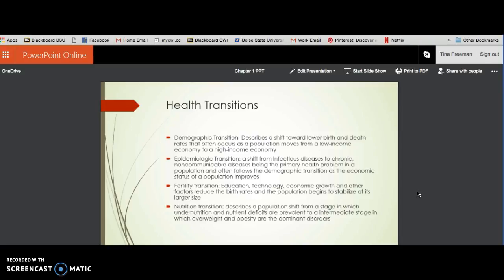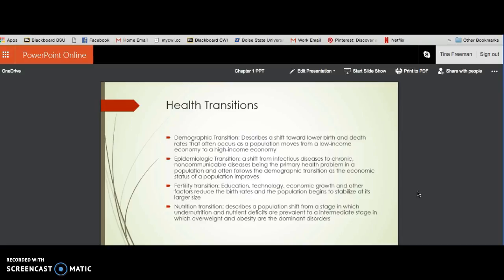We're seeing more of these chronic diseases, diabetes, heart disease, high blood pressure, cancer, being our primary health concerns. This usually follows a demographic transition shift as the economic status of our population improves. Again, we can really tie this back to the United States.